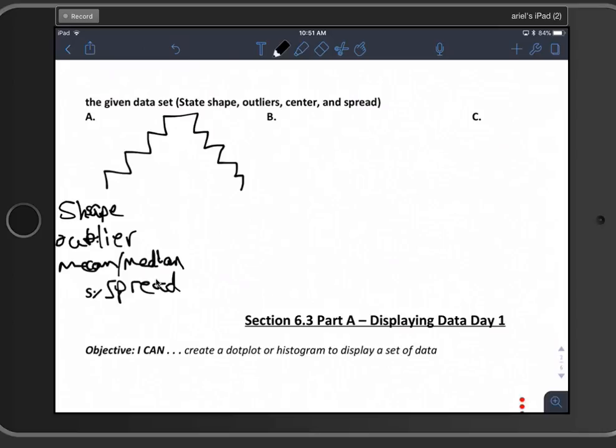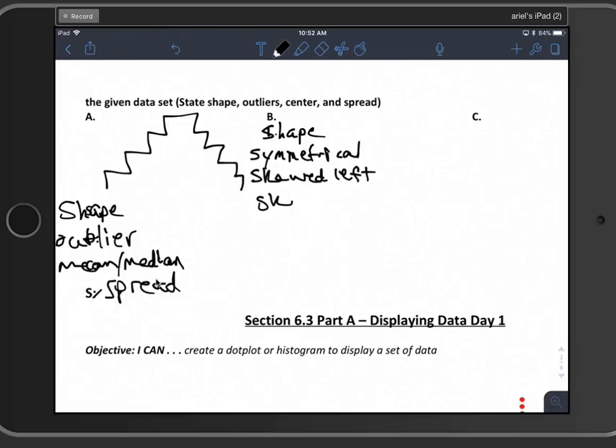But I'm also going to give you a bunch of options up here. So for example, if I give you this one, is the shape symmetrical? Is the shape skewed left? Is it skewed right?